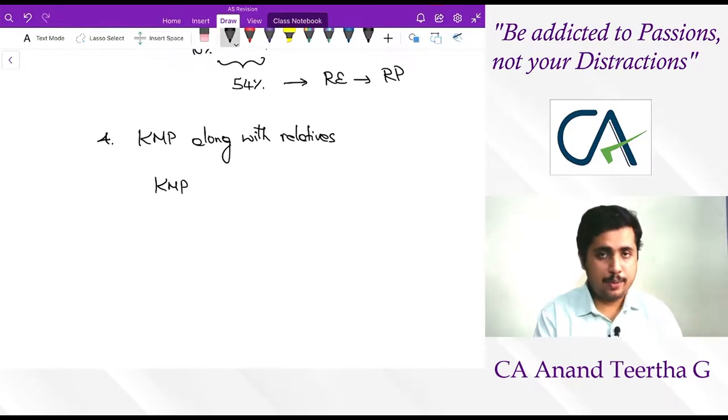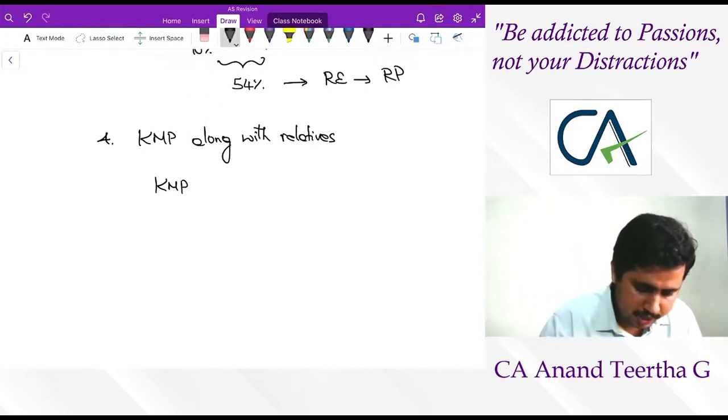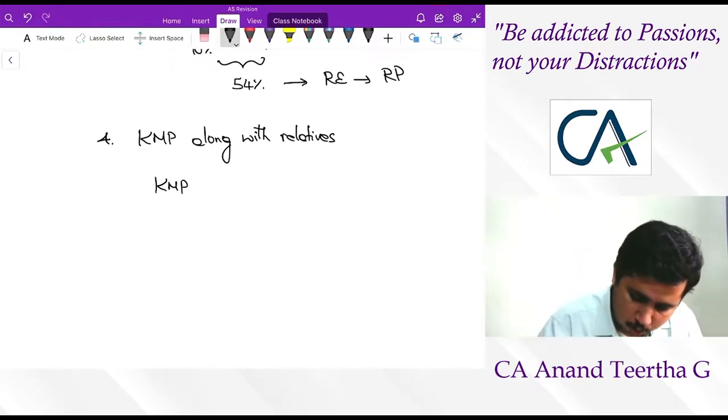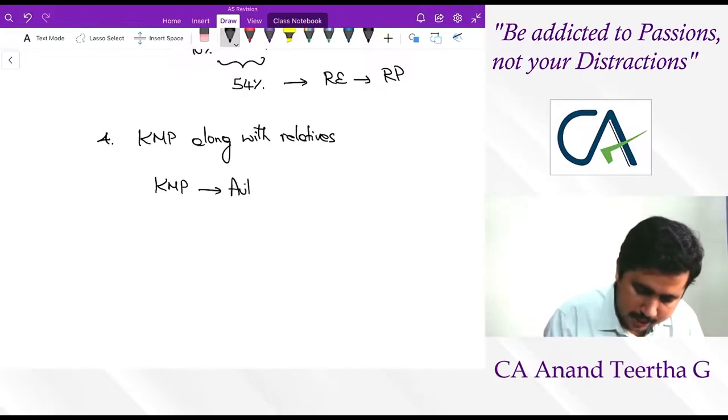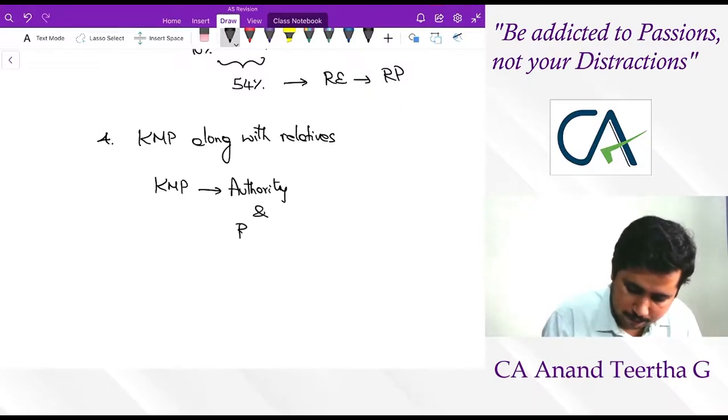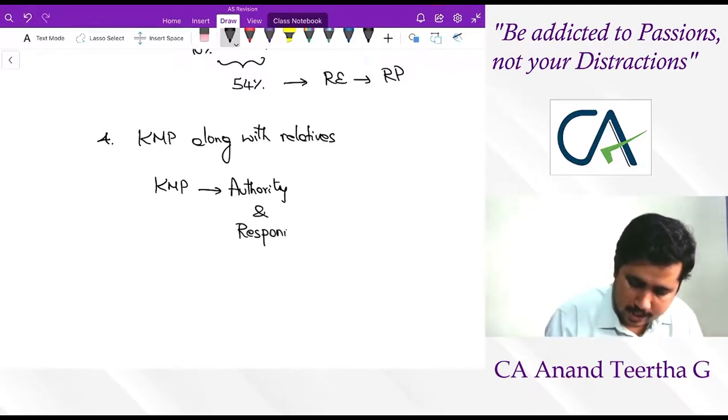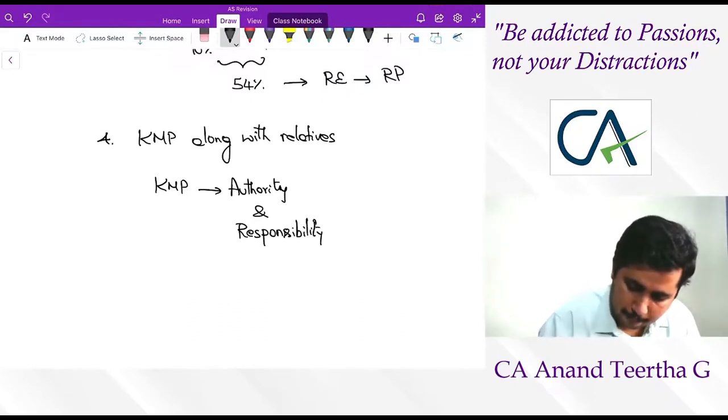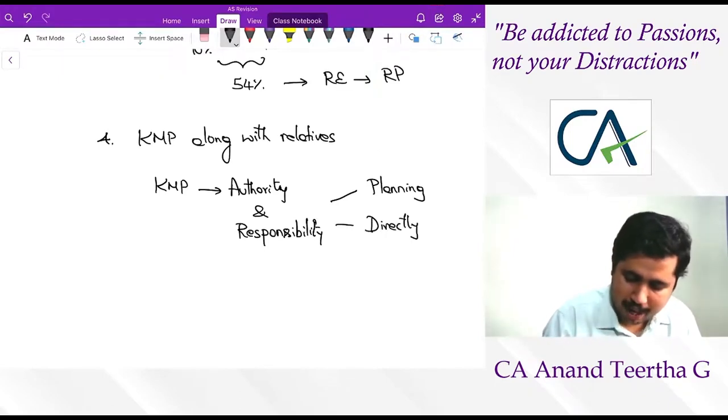Key managerial personnel are those people who have the authority and responsibility for planning, directing and managing the affairs of the company.